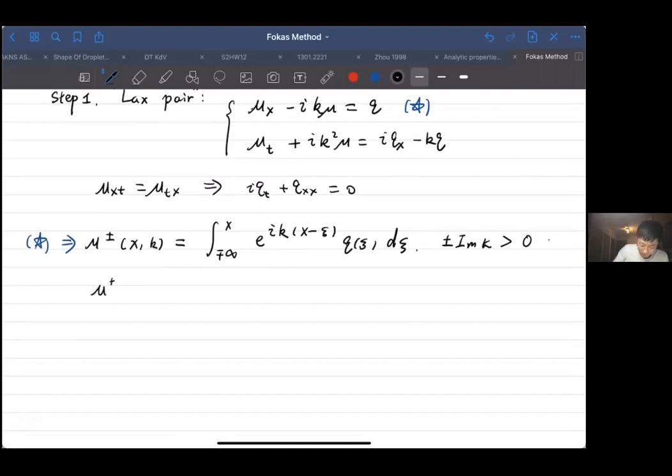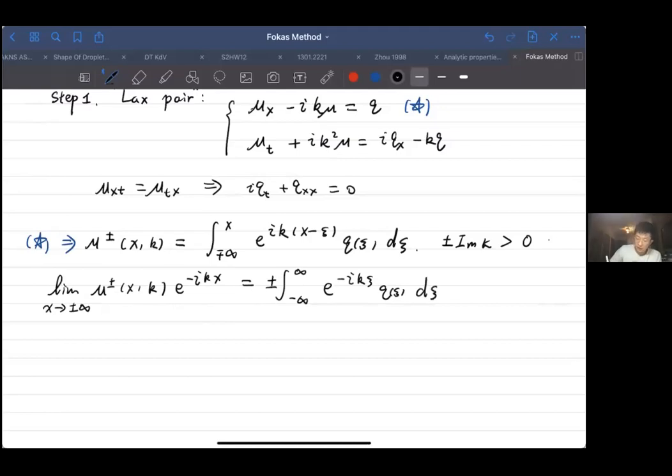And mu, limit x goes to, so e to the minus kx, x goes to, what is this? So it will go to e to the minus i k c q c.